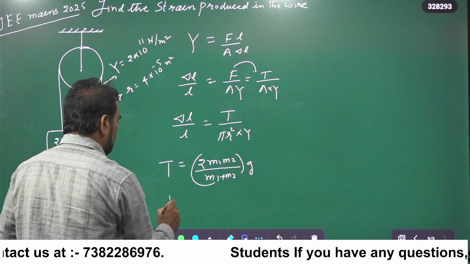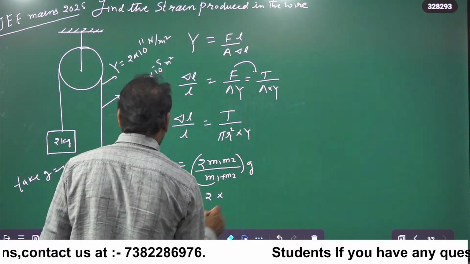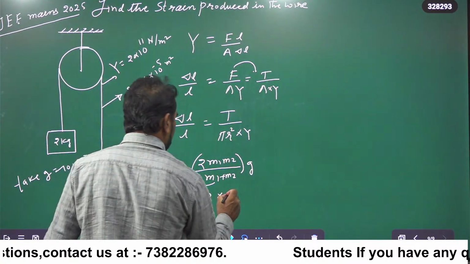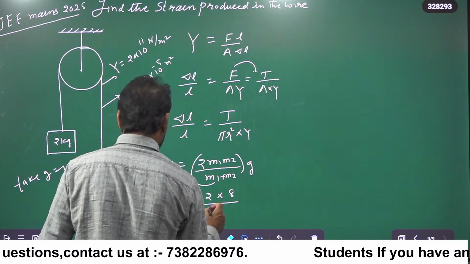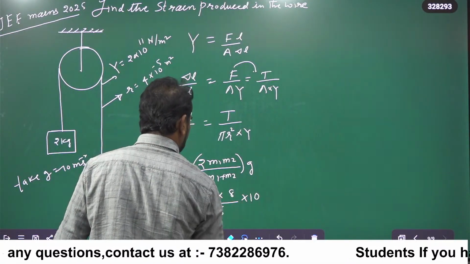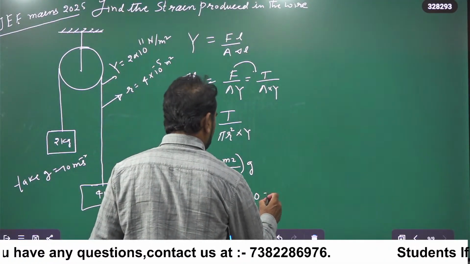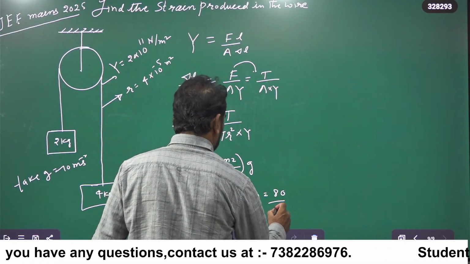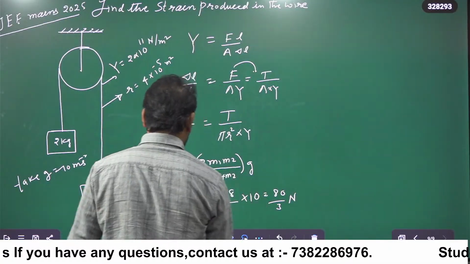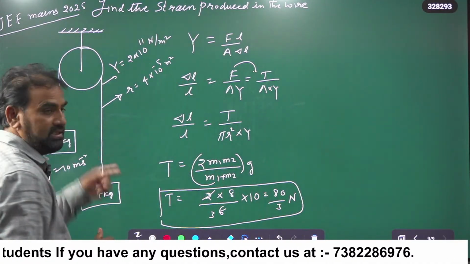Therefore, T is equal to 2 into m1 m2, that is 2 into 4 is 8, upon 6, since 2 plus 4 is 6, into 10. Is it clear? That is equal to 80 upon 3 newtons. This much tension force will develop due to the uneven weights in the string.